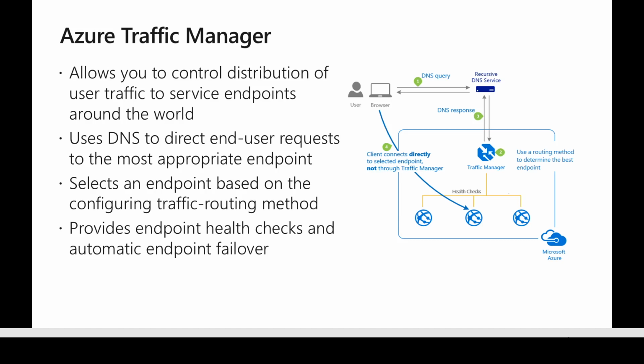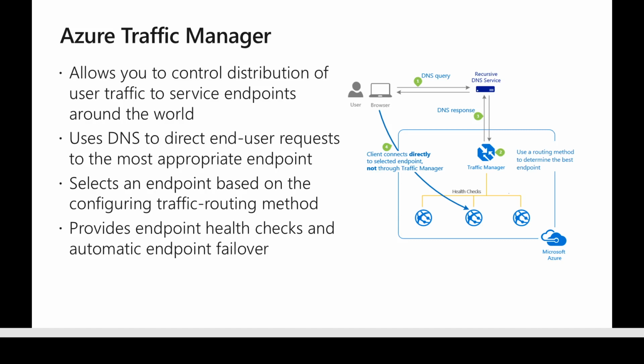If we look at the traffic flow with Traffic Manager in the picture, first a user queries the DNS server using the Traffic Manager endpoint, and the Traffic Manager will pick the right backend IP address from the backend pool, and it will return that IP address back to the browser or the client.